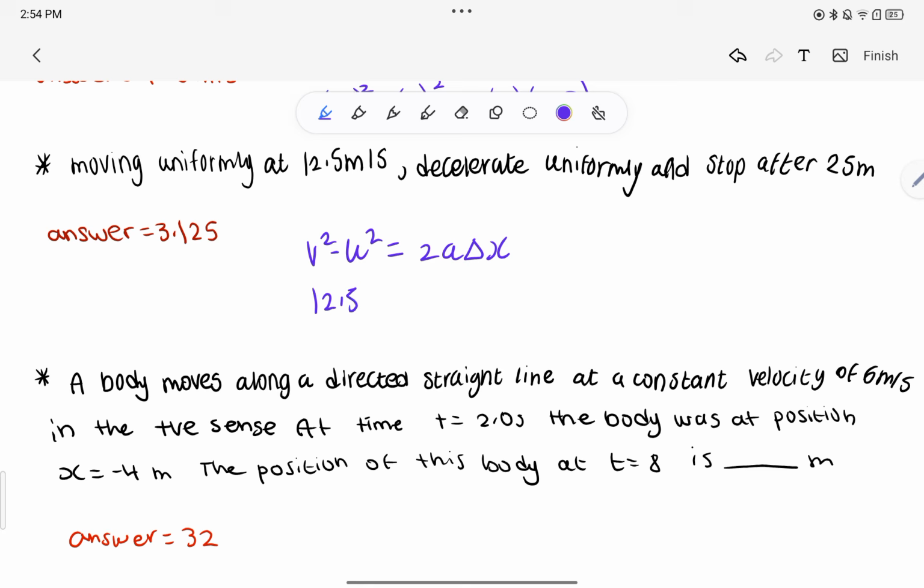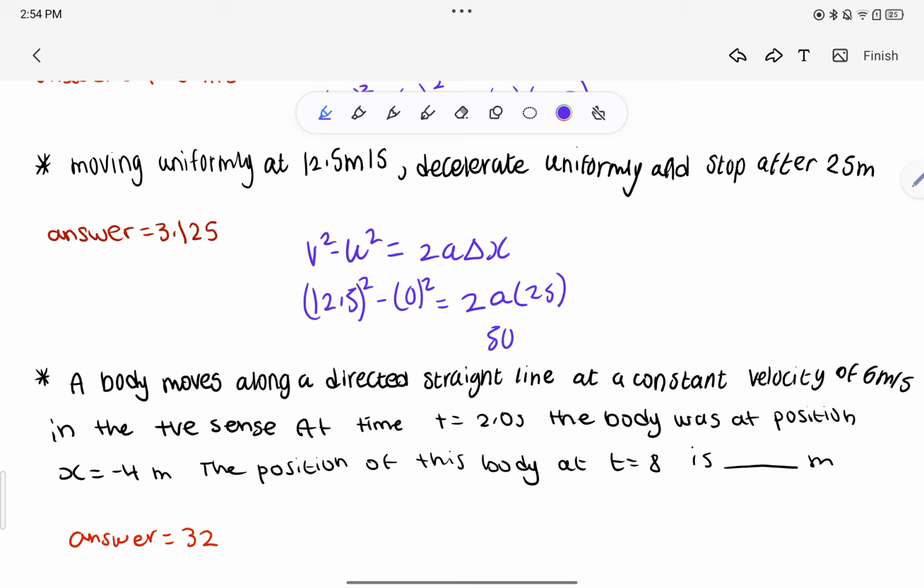12.5 squared minus 0 squared equals 2a times 25.